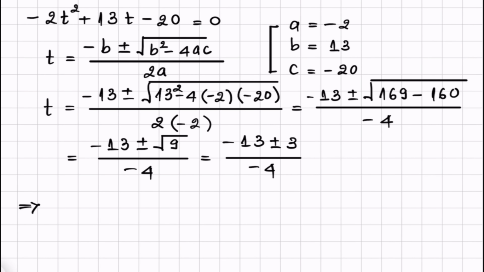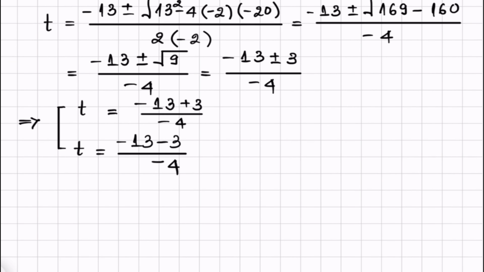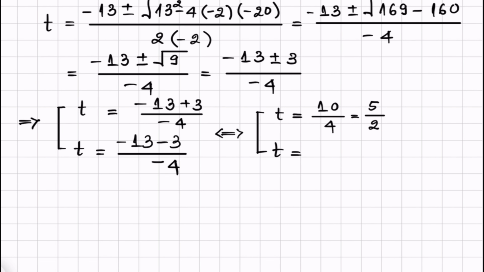So in this case we will get t equal to negative 13 plus 3 divided by minus 4, and t equal to negative 13 minus 3 divided by minus 4, and then that is equivalent to t equal to 10 over 4, and then we will get 5 over 2, and then t here is equal to 4.